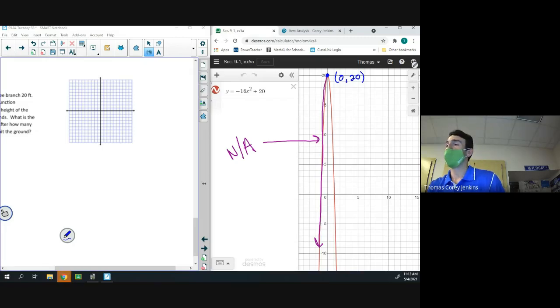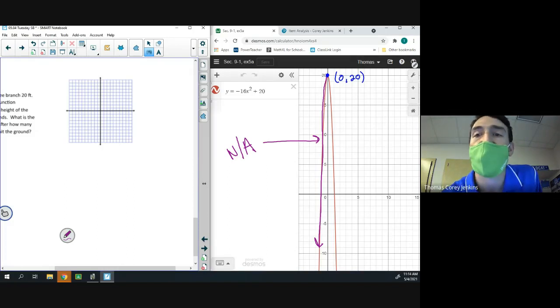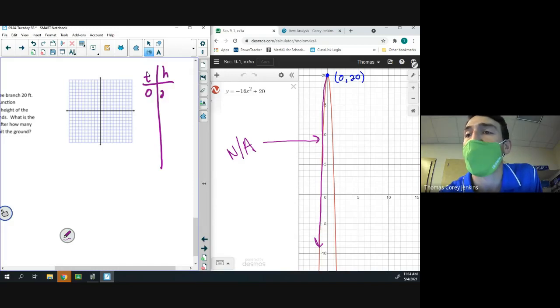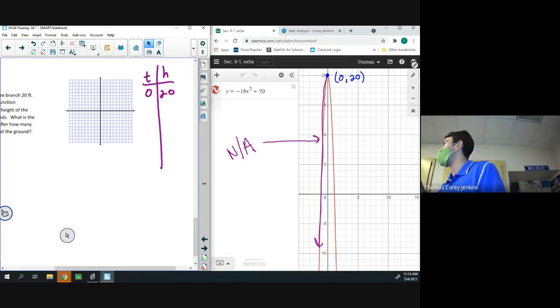So I'm going to switch over to my table view. But as far as what I can just see to start, I'm going to go ahead and make a table. So we'll say we have T and H. So we know 0 goes to 20. We can tell that, but we can't really tell anything else. So remember how to get to a table to see more detail.